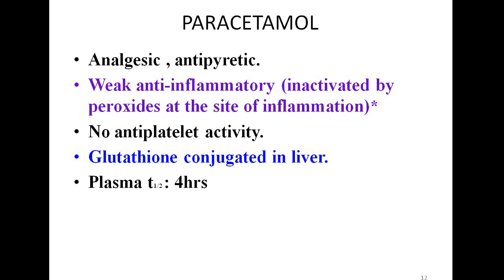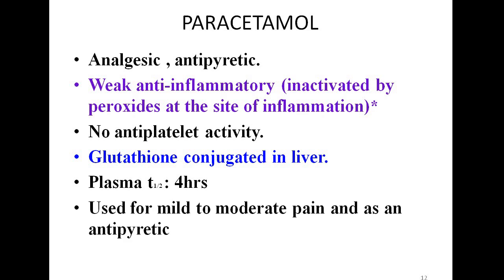Paracetamol has a plasma half-life of 4 hours, therefore needs to be given every 4 hours or 6 times a day. The usual adult dose of paracetamol is 650 milligram tablets and is used for mild to moderate pain like toothache, joint pain, myalgia, etc. and also as an antipyretic to reduce increased body temperature.